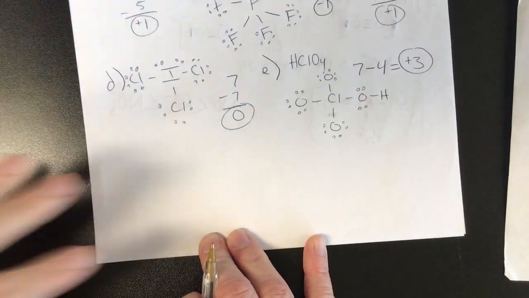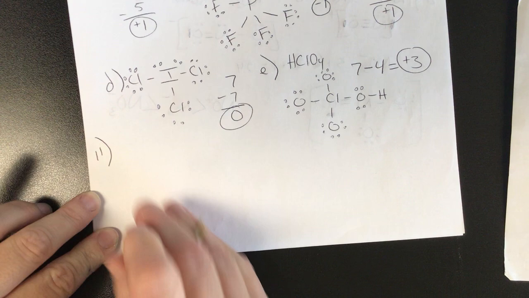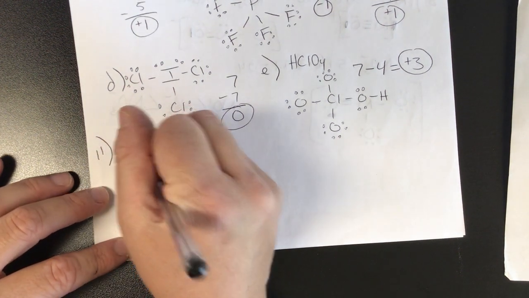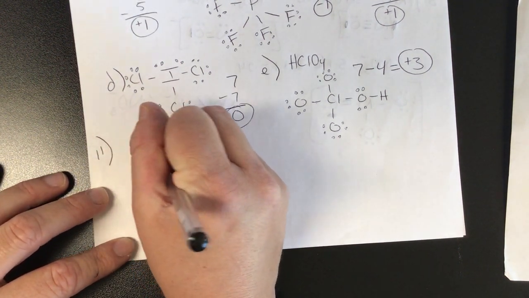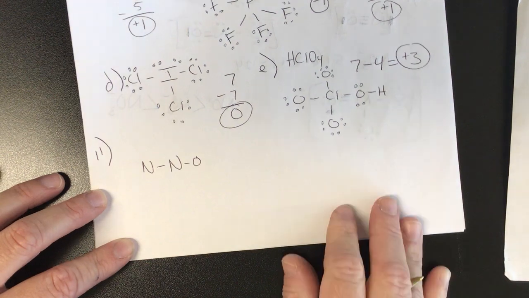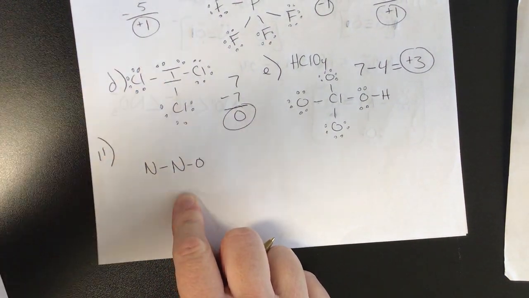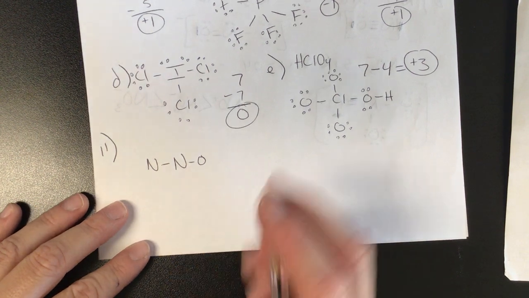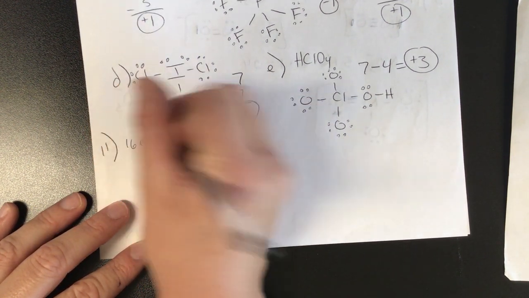Okay, let's do number 11. Number 11 says, draw the best Lewis structure based on formal charge of N2O. N is going to be in the middle because it's not as electronegative as oxygen. We're going to have 16 electrons that we need to use.